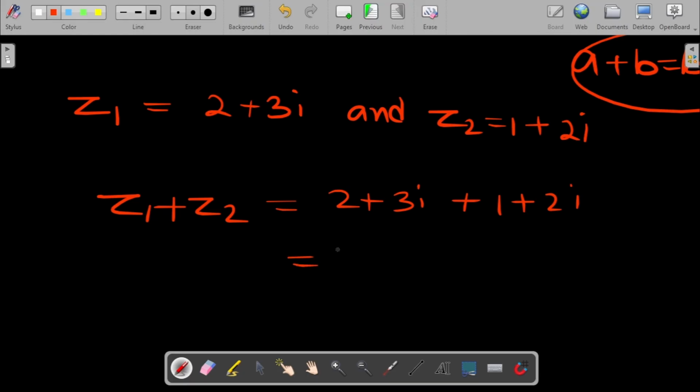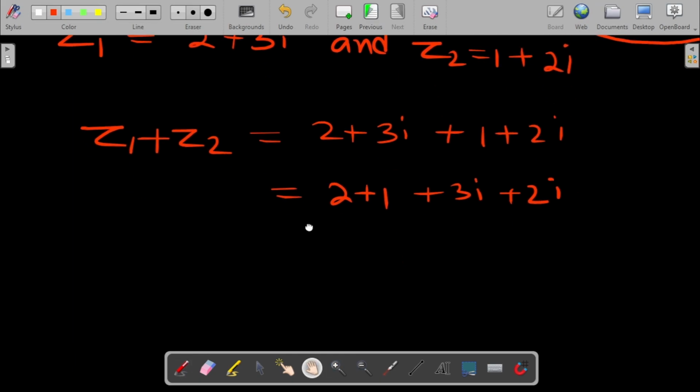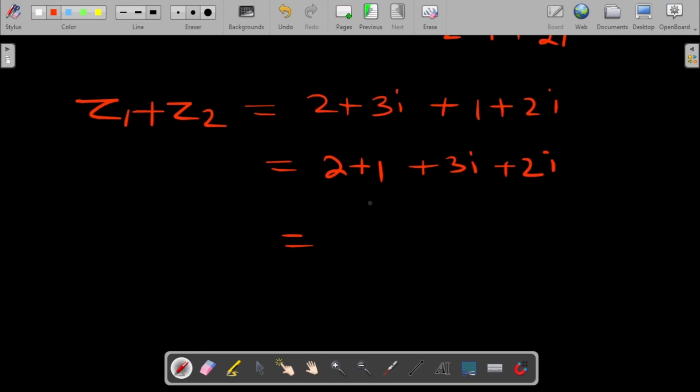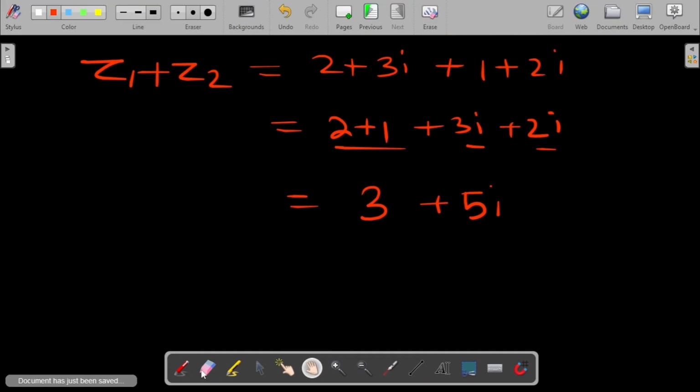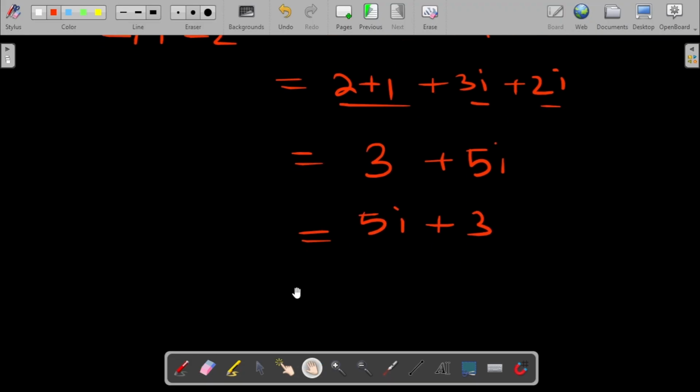Now this can be written as 2 plus 1 and 3i plus 2i. If I add this, 2 plus 1 is 3, and 3i plus 2i equals 5i. And this can be written as 5i plus 3 also. So this is nothing but z2 plus z1.